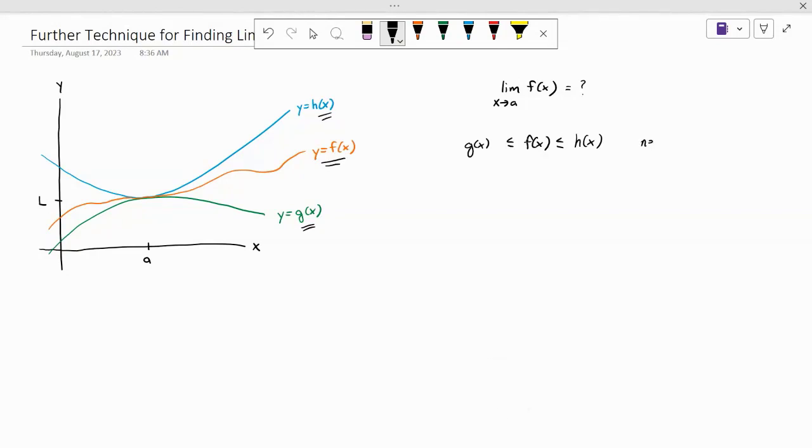And this happens near x equals a. Let's say it's a local phenomenon. It's possible that these three functions might start intersecting somewhere else. Maybe f becomes larger than h, whatever, but further on. But at least near a, if you zoom in, we have this situation where our function f, in orange, is sandwiched in between two other functions.